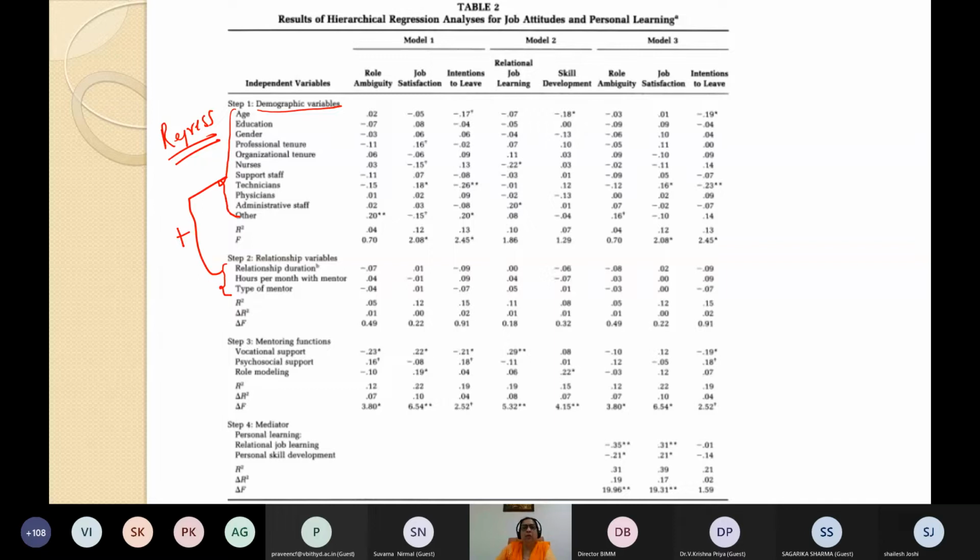So now, as you see in the first model, you are going for role ambiguity, job satisfaction, and intention to leave, which defines the parameters for job attitude and learning. Then the second model, we are trying to bring in relational job and skill development, role ambiguity and job satisfaction, and intention to leave.